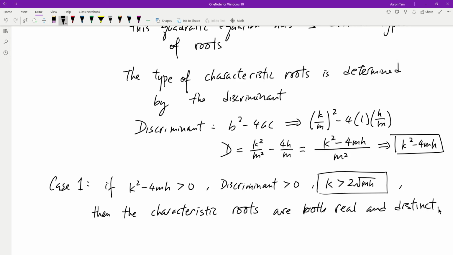So we don't have a repeated root, but we have 2 real roots.